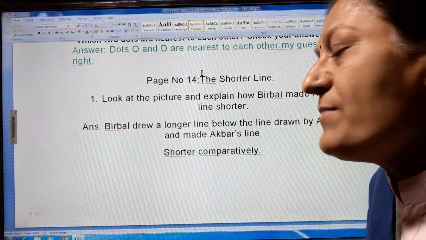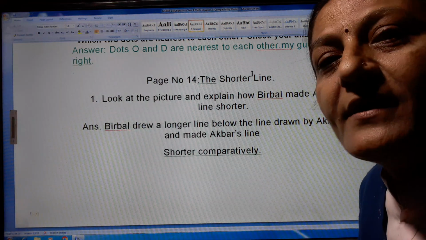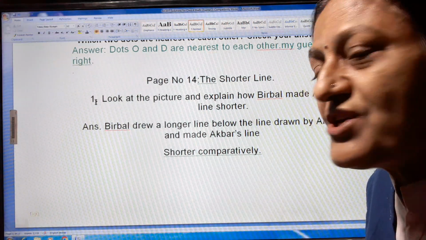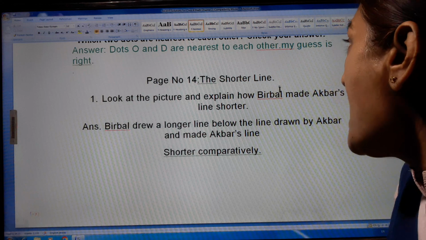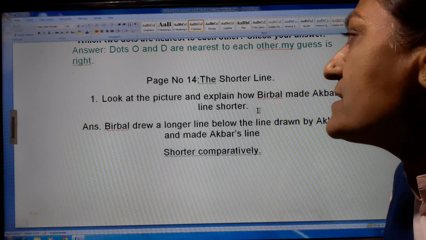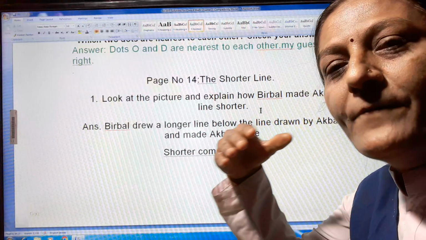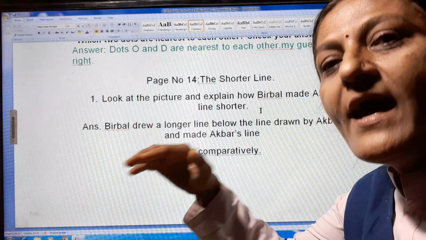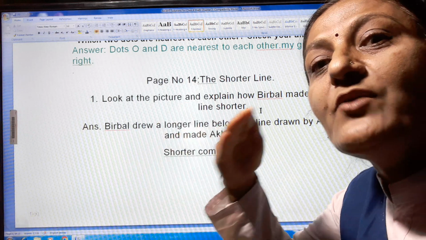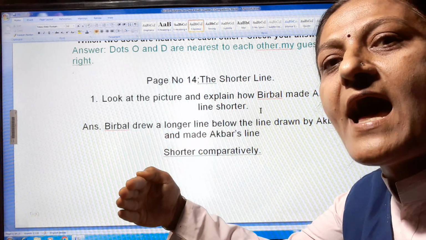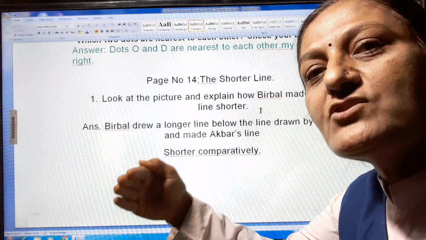Now page number 14, Shorter line. The first question is given. Look at the picture and explain how Birbal made Akbar's line shorter. We know that one line of Akbar is there and Akbar gave one condition: without erasing the line, make my line shorter.